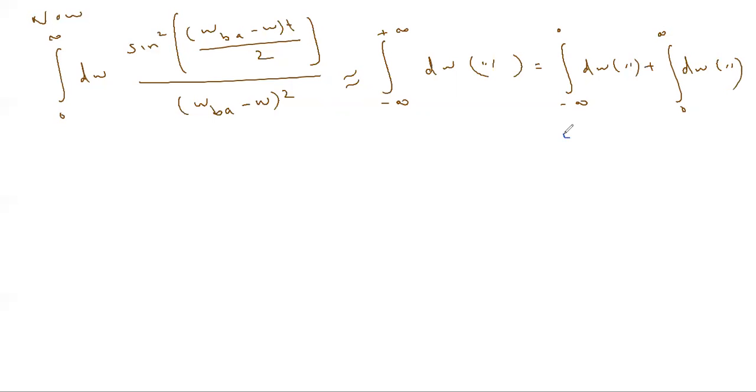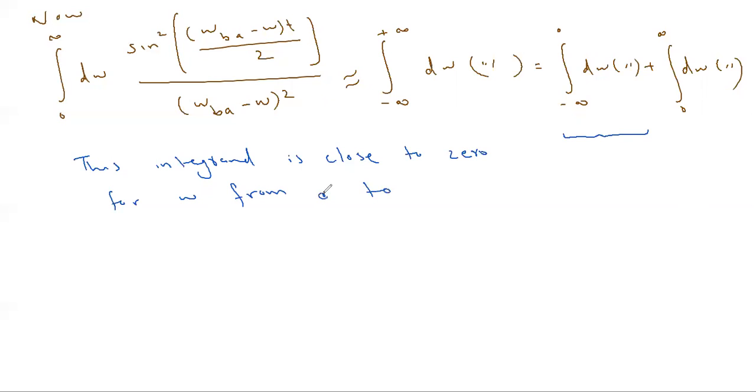Now we can easily see that this integral, according to our spectrum, this integrand is close to 0 for omega from 0 to infinity. Once we plot it, we can easily figure this out.